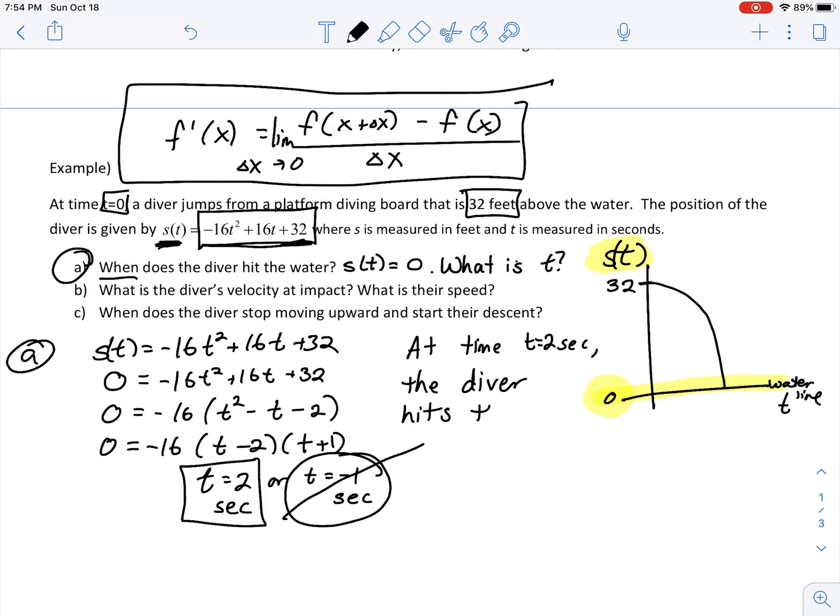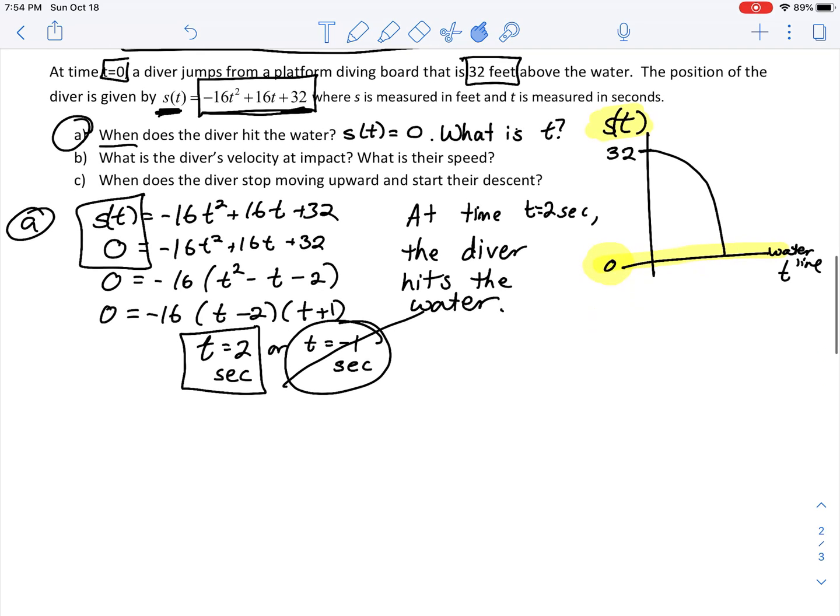This is a super, super common problem. S of t equals 0 when it says hits the ground, hits the water, something like that. These problems show up all over the place in calculus and physics. Make sure you get really, really good at them.